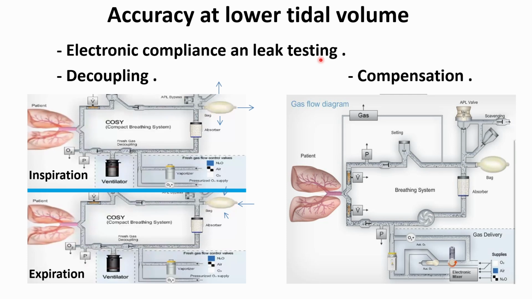To maintain accuracy we have two modes, which are decoupling and compensation. The decoupling mechanism works like this in inspiration: the fresh gas flow is coming through this pathway, and we have a valve here. In inspiration this valve is closed and the ventilator is giving the 30 ml to the patient.